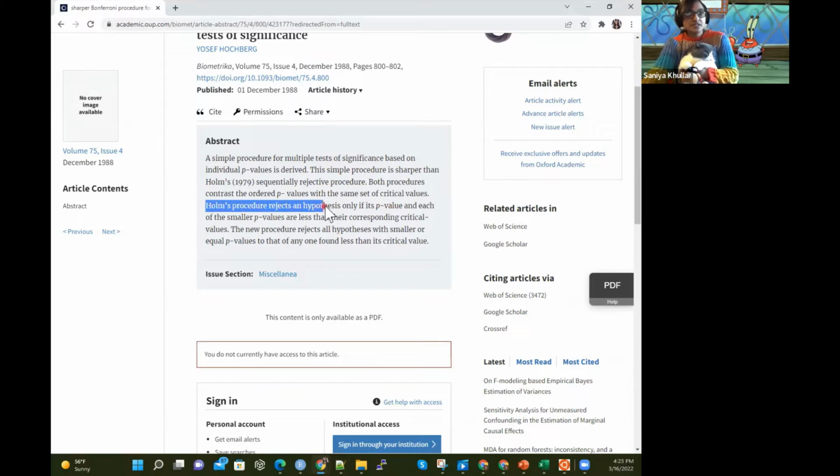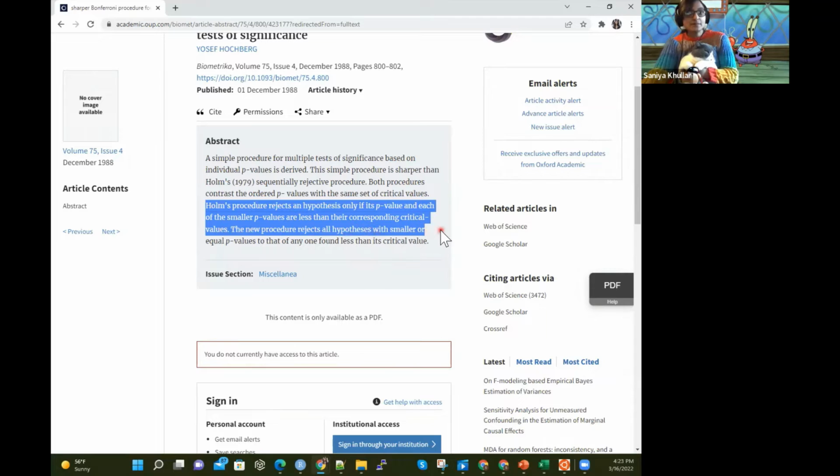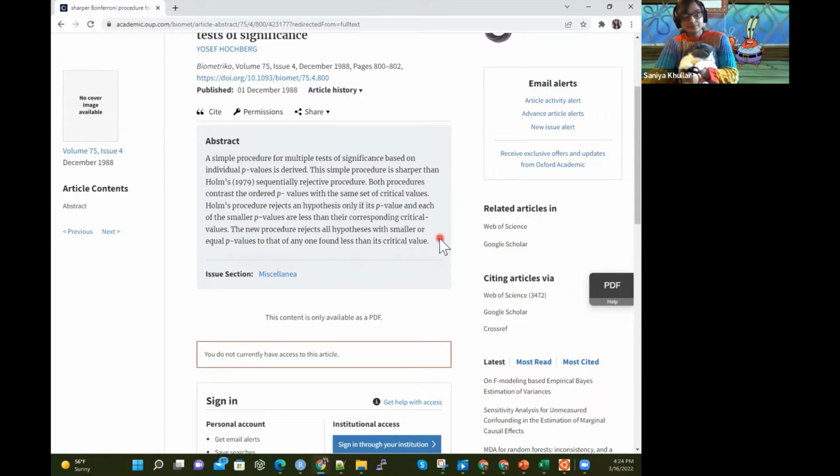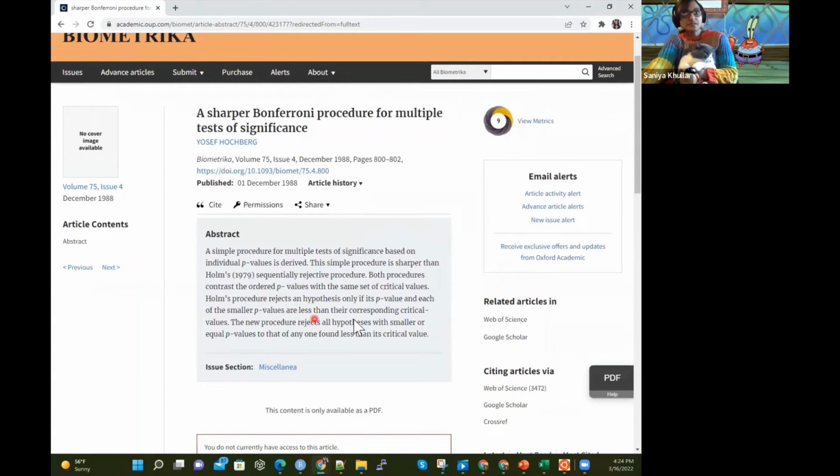Holm's procedure rejects a hypothesis only if its p-value and each of the smaller p-values are less than their corresponding critical values. This new procedure rejects all hypotheses with smaller or equal p-values to that of any one found less than its critical value. So these are just kind of showing different correction methods that are tried.